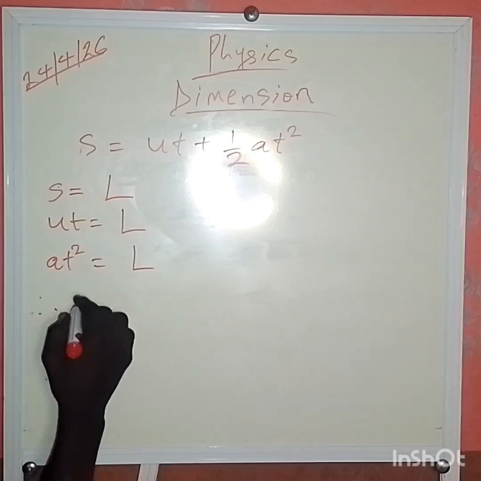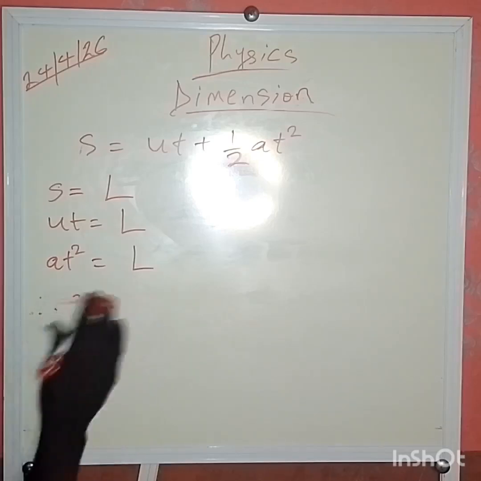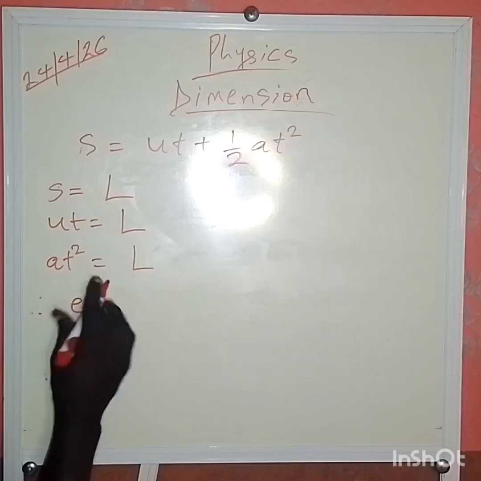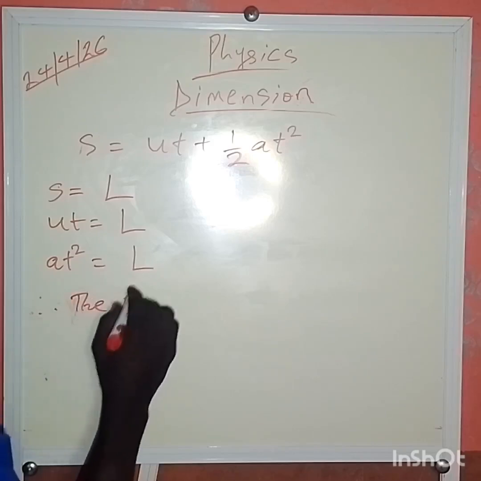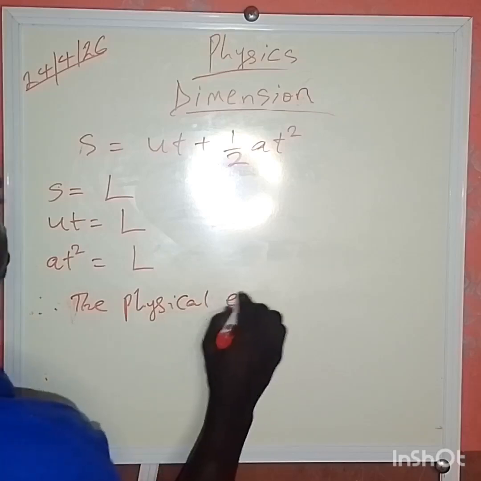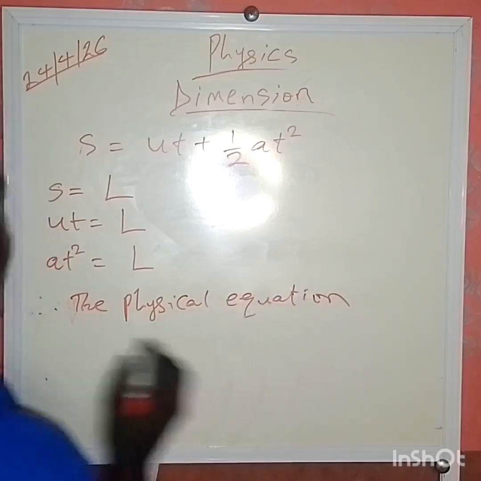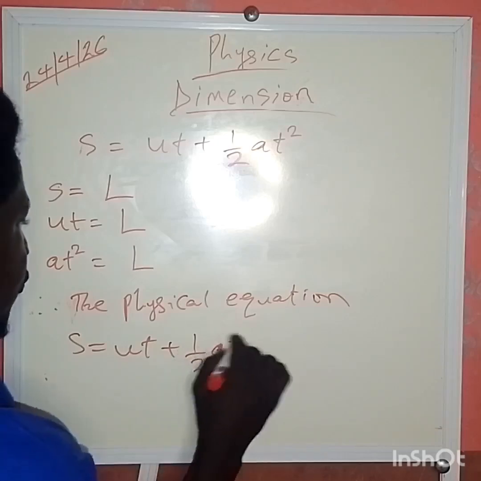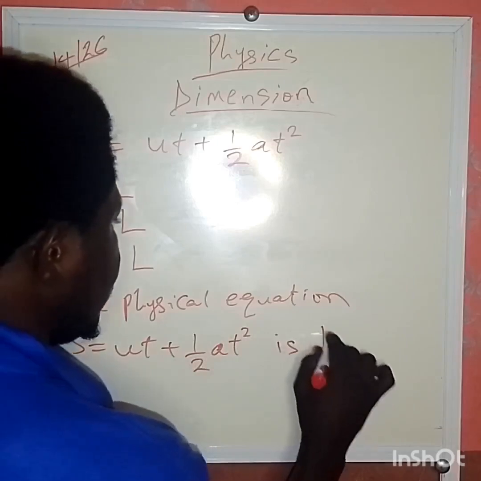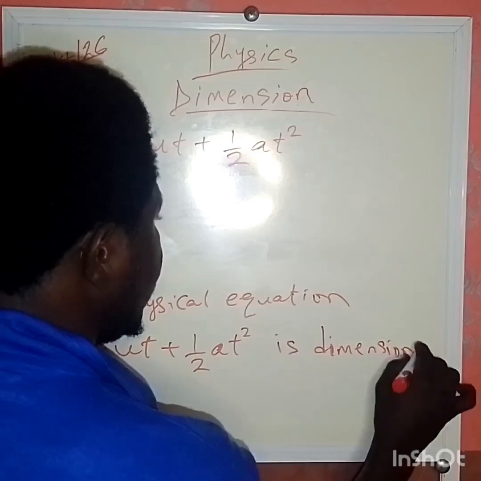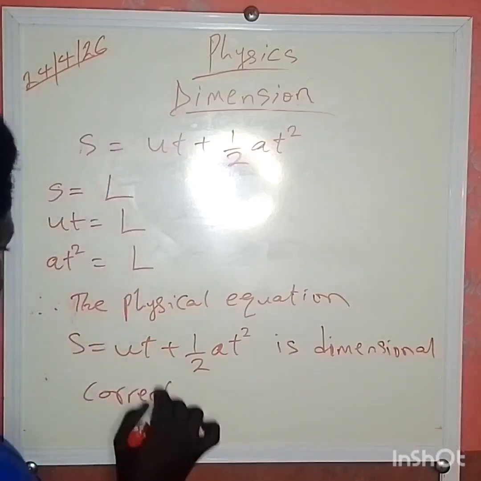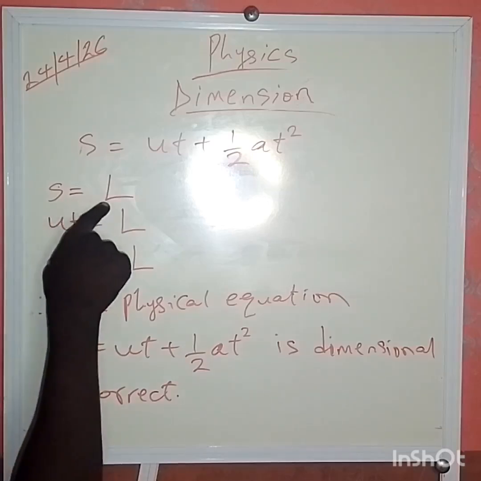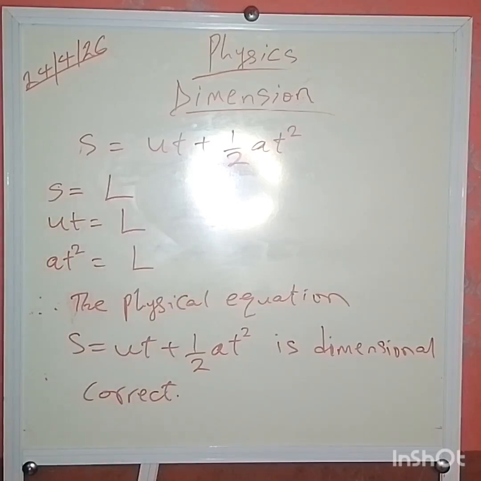So therefore, the physical equation S is equal to UT plus 1 over 2 AT squared is dimensionally correct, because each term has the same dimension.